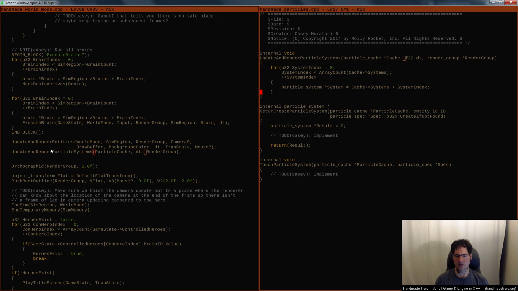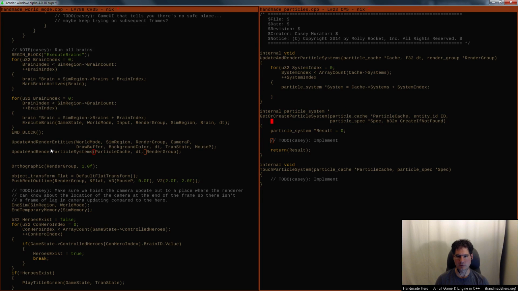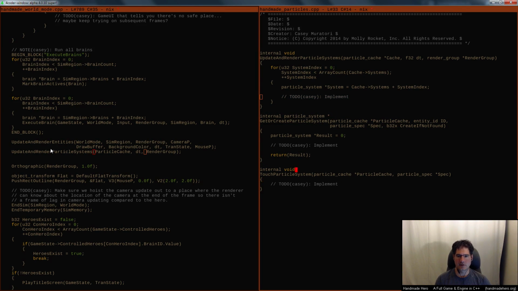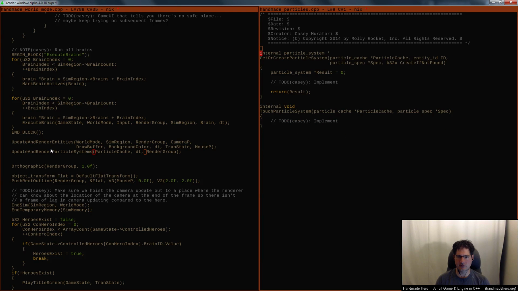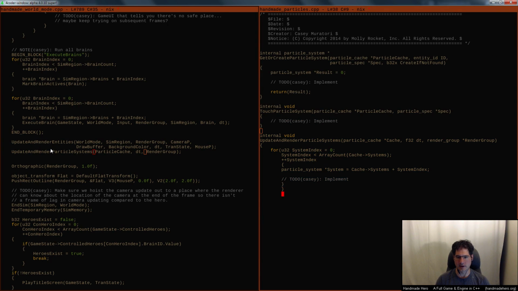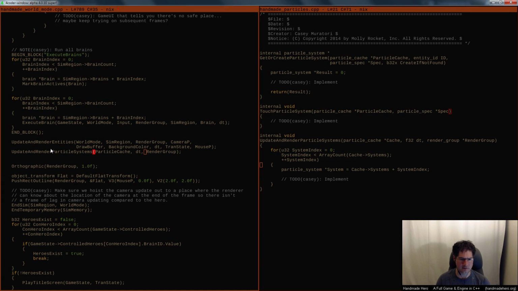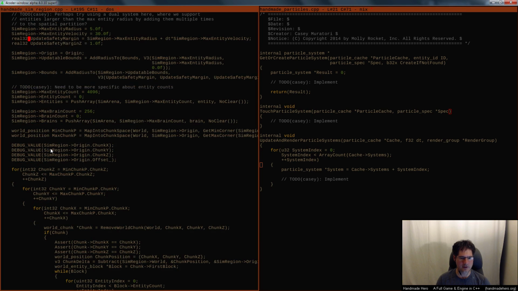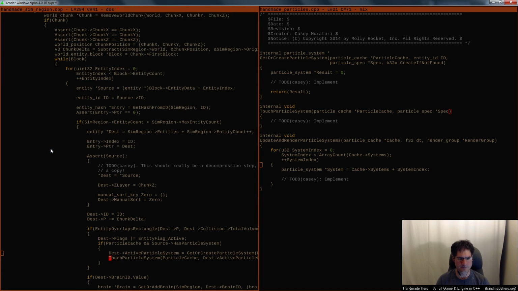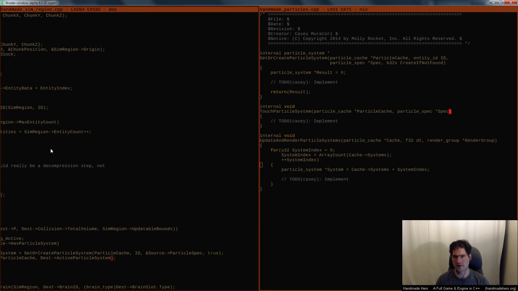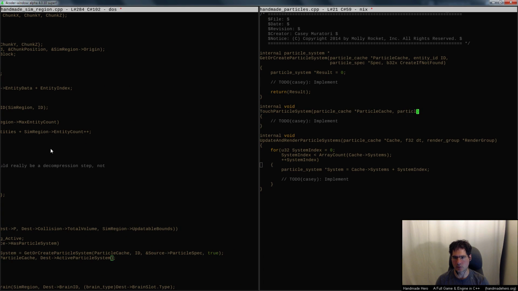And so, oops, meant to delete that. So when we update and render the particle systems, we're going to go through all the ones that we actually have. Oops, forgot a closing parenthesis. When we touch them, we'll make sure that they're marked for the particular frame having actually existed. This should not be taking a spec, though. This should be taking a particle system. Yeah, that was just a wrongness.